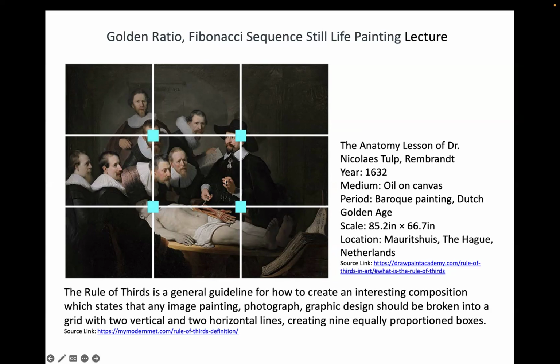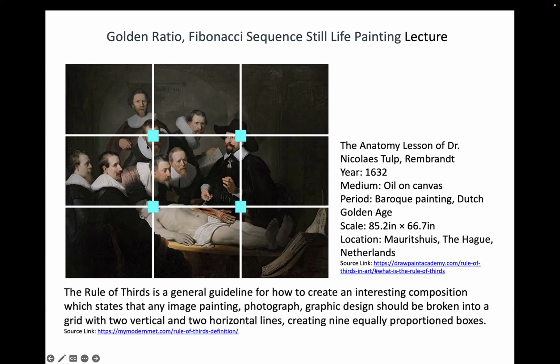The central key figure, with this light cerulean blue, is aligned at this intersection. In the bottom right you see another intersection of this square, and in the bottom left there's another intersection, and we have another one here.